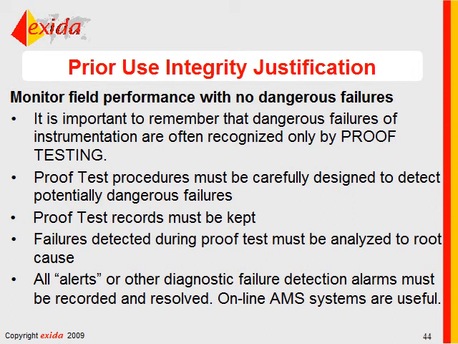Well, number one, there could be internal self-diagnostics, and that's exactly what the certified products have. But other than that, you must do a proof test. You must go out and check to see that it's still working. So it's important to remember that in many cases, dangerous failures are only recognized by doing a proof test. The proof test procedures must be carefully designed to detect any potentially dangerous failures.